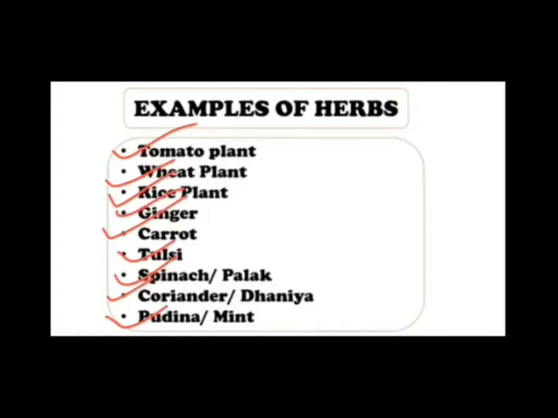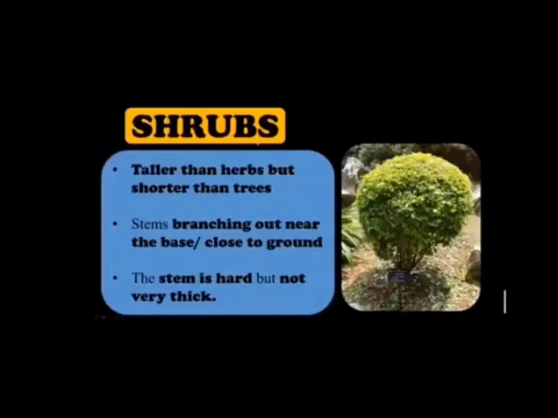We will now study about shrubs. So what are shrubs? Shrubs are taller than herbs but shorter than trees. The stem branches out near the base, close to the ground, and the stem is hard but not very thick.